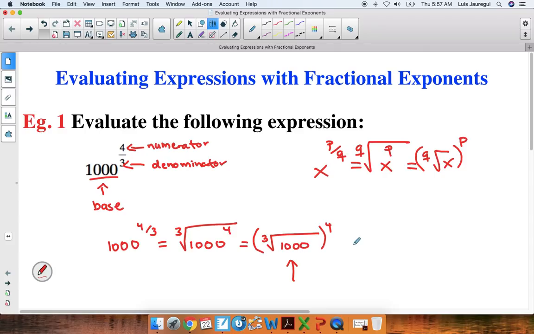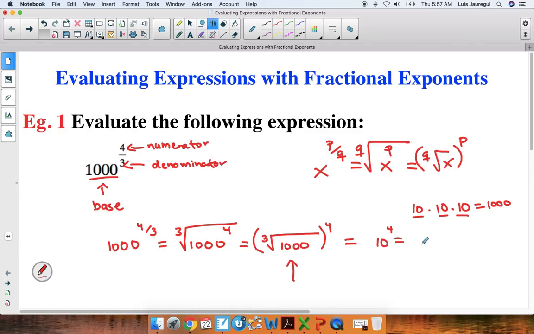The cube root of 1000 is simply 10. Why? Because 10 times 10 times 10 is equal to 1000. So you're looking for that particular number that multiplied by itself many times will give you 1000, and that happens to be 10. So the cube root of 1000 is just 10, and we still have this 4th power.